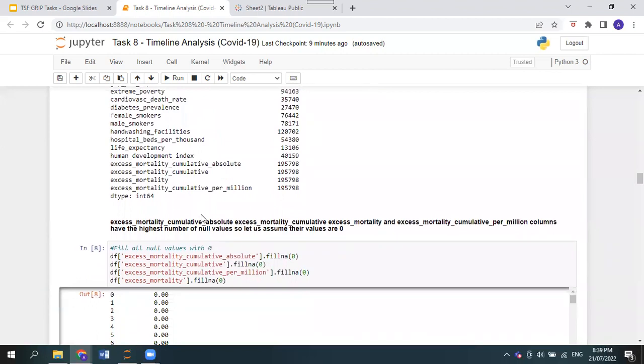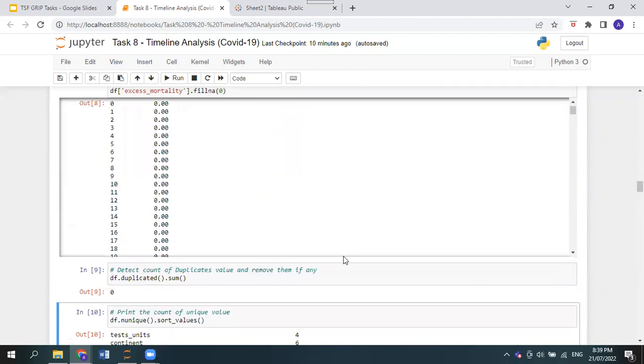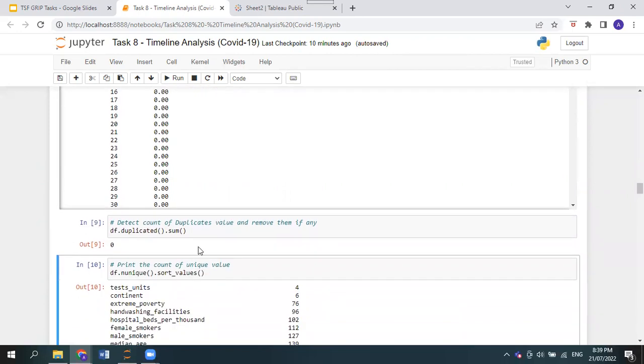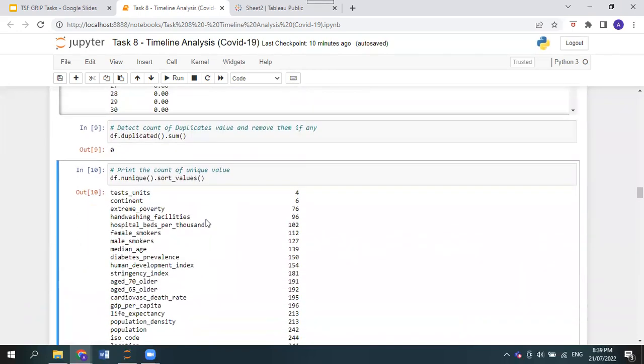Here I assume that all null values should be filled with zeros. Then I detected the count of duplicate values and removed them if any. There were none.